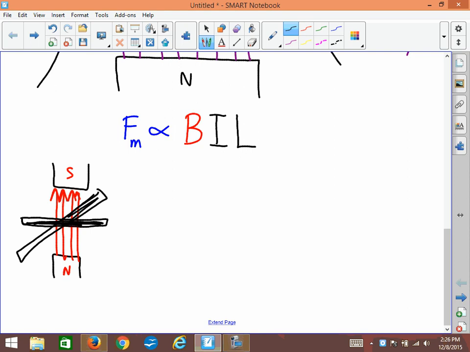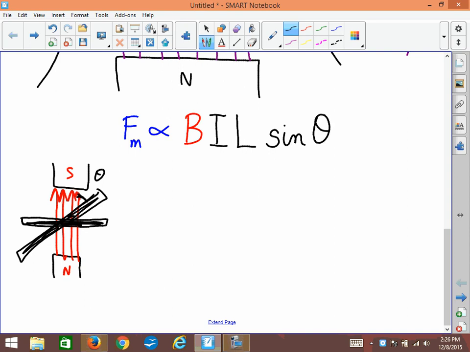Which means that it is now at an angle with the field lines. And we call that, of course, the angle theta. And so if you want to bend your conductor at an angle to the field lines, then you have to put in a little sine theta here.